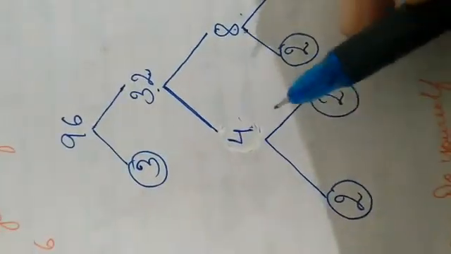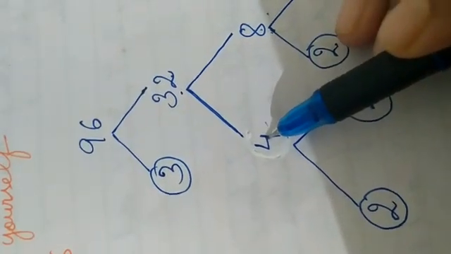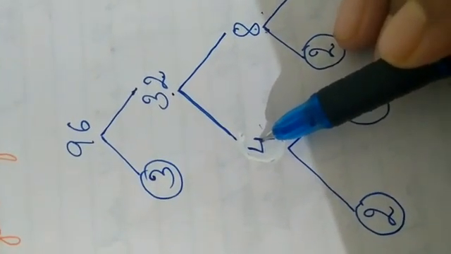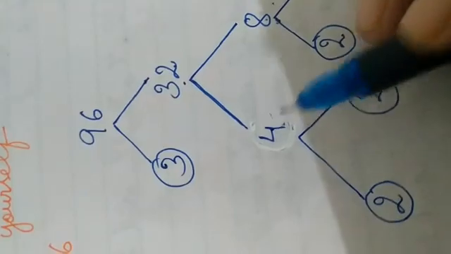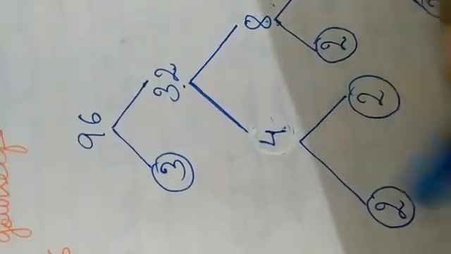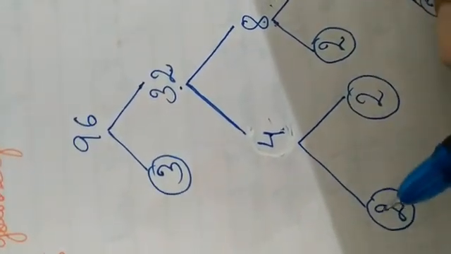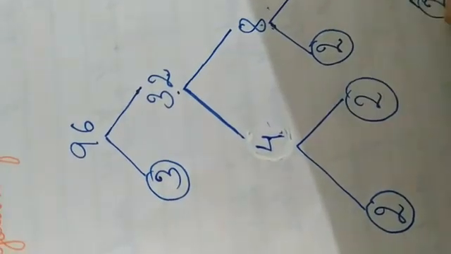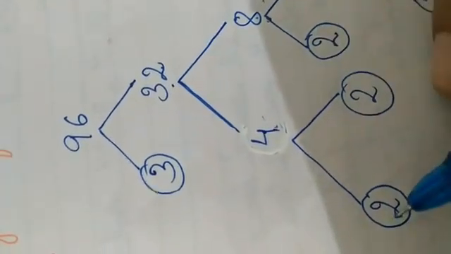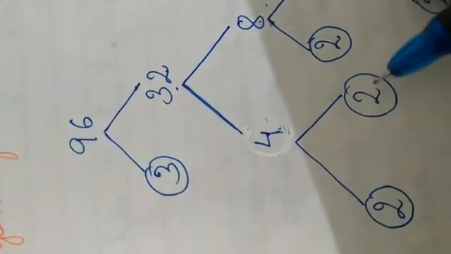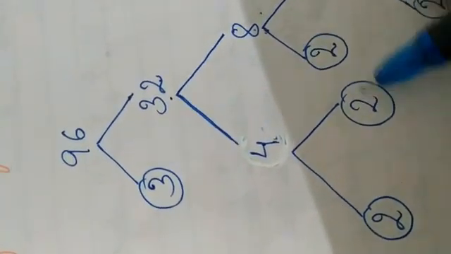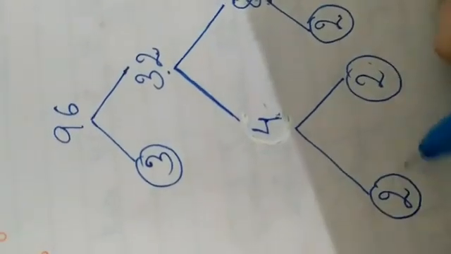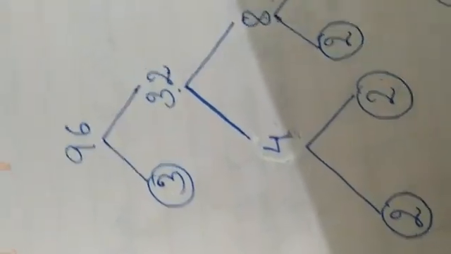Again we will draw branches for 4 to get the prime numbers. 4 comes in 2's table, so we have written 2 into 2, and both are prime numbers, so we have circled them.